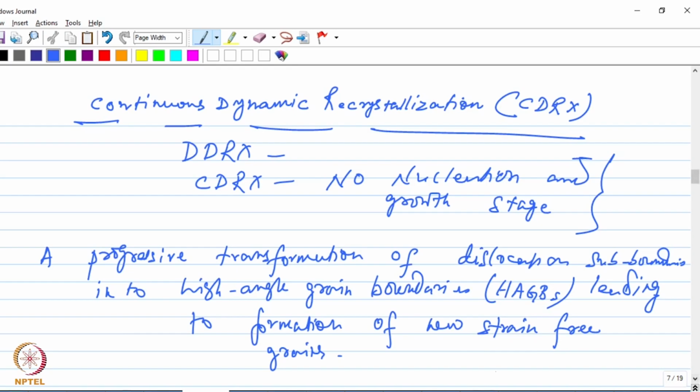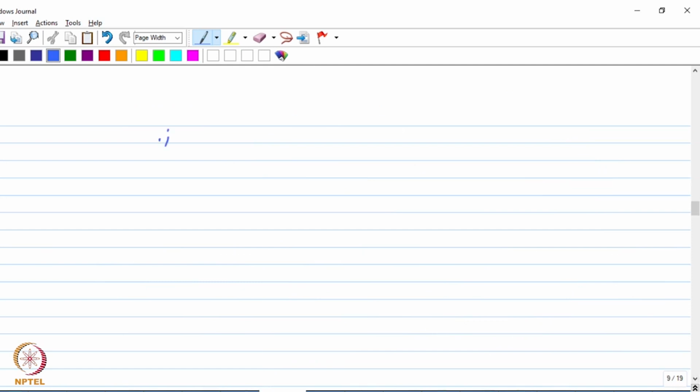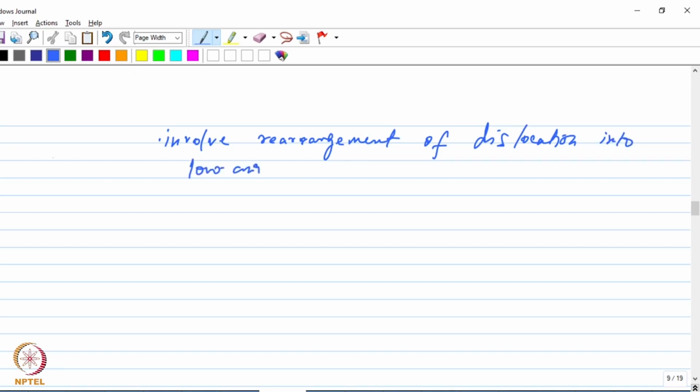So CDRX will have to involve rearrangement of dislocations into low angle boundaries or subgrain boundaries, and the process evolves through the increase of the misorientation across these boundaries.